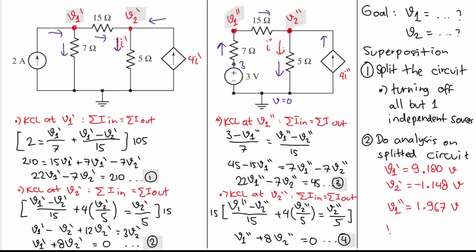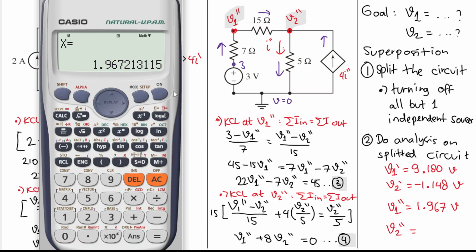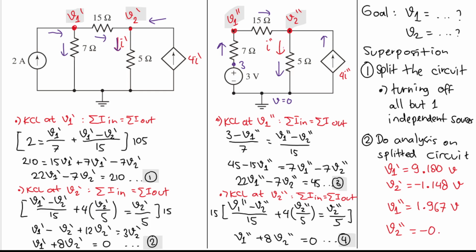Good. And what is V2 double prime? Let's see our calculator here. We will have minus 0.246 volt. Okay, and I think we have our value needed here, and we need to do the last step.